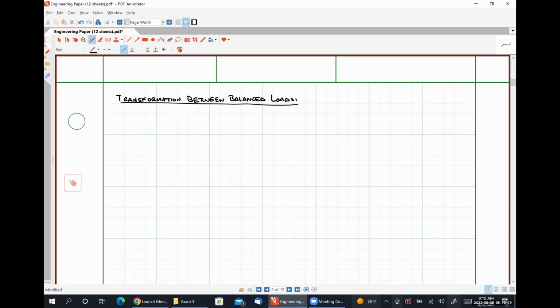So we're going to start with a Y-connected load on the left-hand side. So here's terminal A. Then here is impedance ZYA.